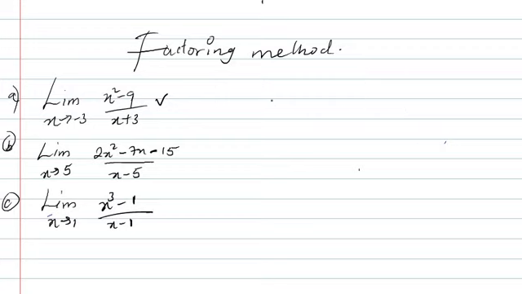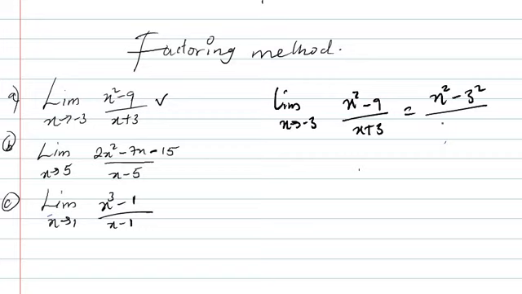So question 1 is the limit as x approaches negative 3 of x squared minus 9 all over x plus 3. If you look carefully, here we have x squared minus 3 squared all over x plus 3.